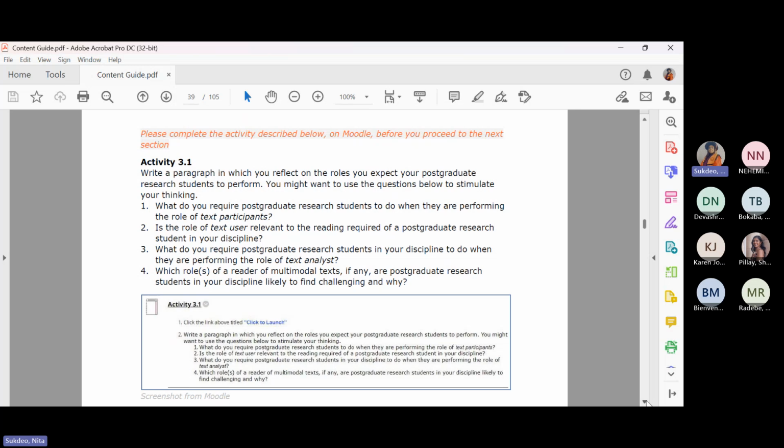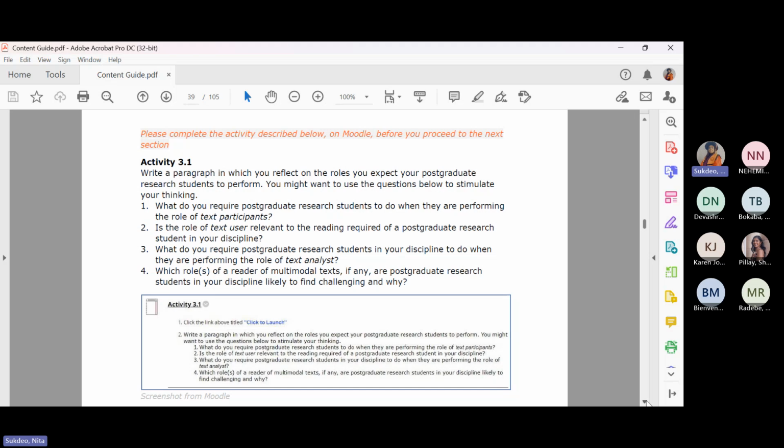So the first part of assignment 3, 3.1, is unpacking your activity 3.1. What do you require postgraduate research students to do when they are performing the role of text participants? This is writing. In the role of the text user, relevant to the reading required of the postgraduate research student in your discipline. Is the role of a text user relevant to reading?